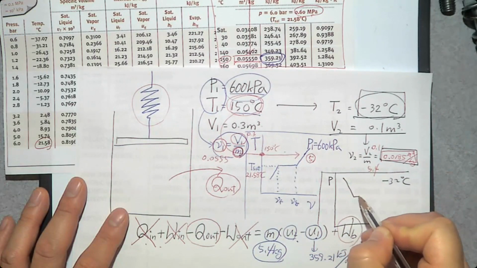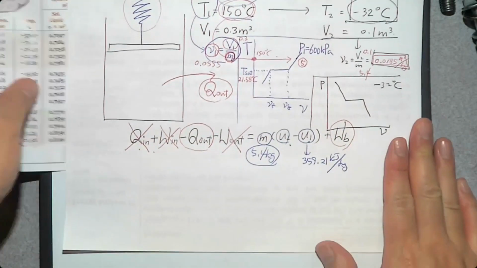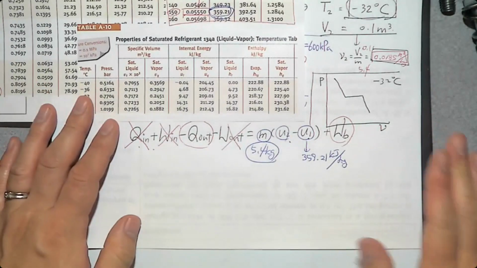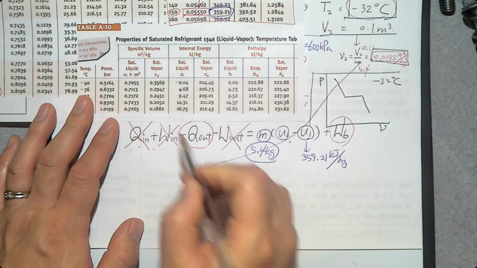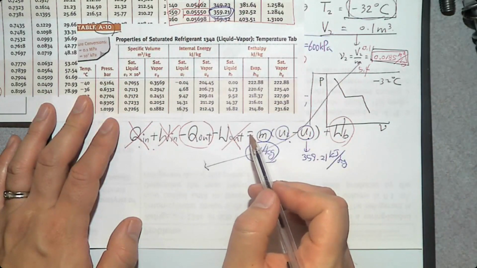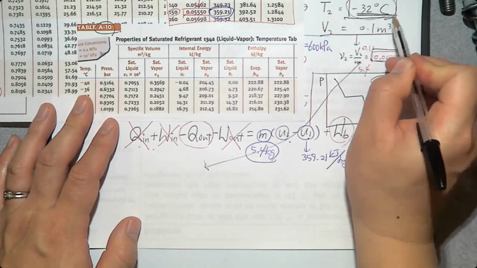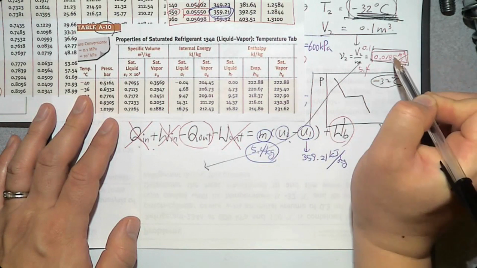It looks like this. And I need more space, right? Oh, this one, table A-10. At minus 32, that's the final temperature. So we know final temperature and specific volume.